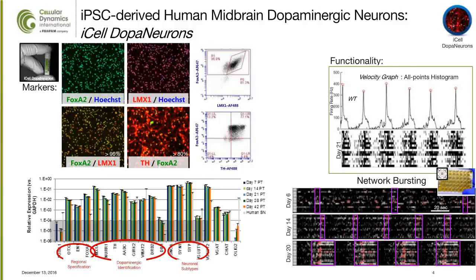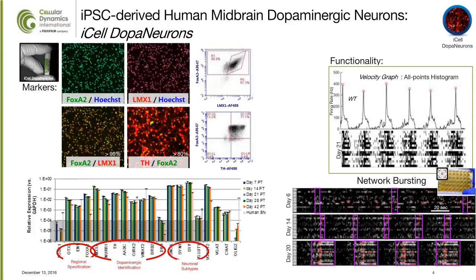These neurons express the appropriate markers compared to the human substantia nigra cells, and these cells, when placed in the multi-electrode array platform over days in culture, beginning with day 6 and going all the way to 3 weeks in culture to day 20, start to organize themselves and create large synchronous bursting behaviors.